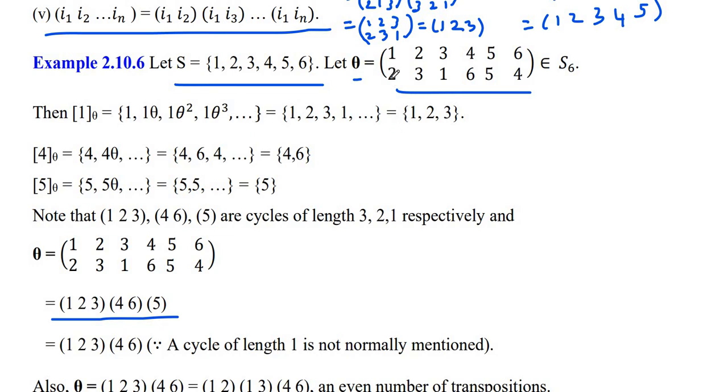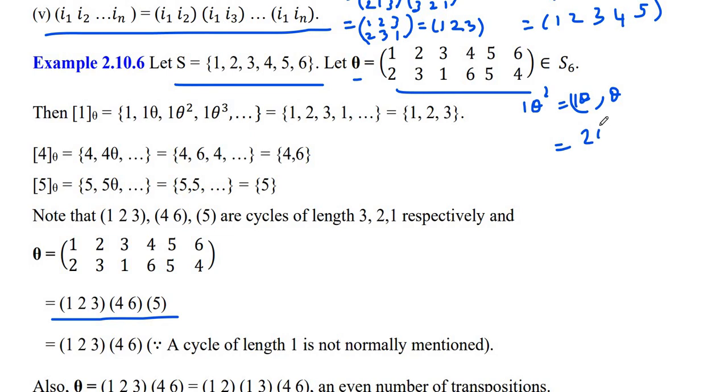Here 1 is taken to 2 by theta, and 2 is taken to 3 by theta, which means 1 is taken to 3 by theta square. Both mean the same. So 1 theta square is nothing but 1 theta under theta; you have to find the image. So 1 theta is 2.